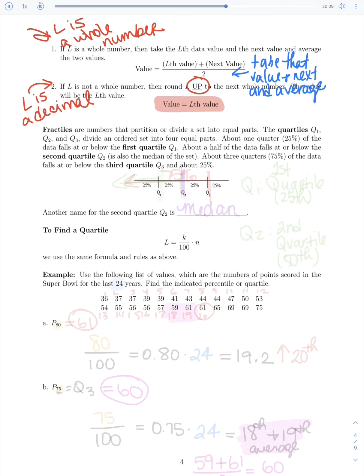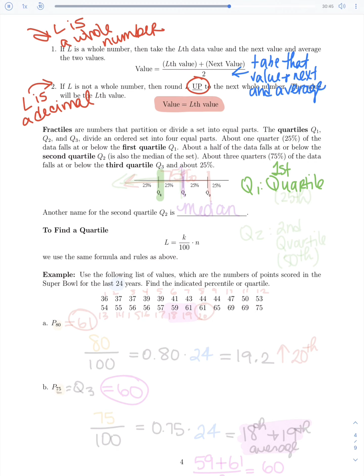Just in case you see this, sometimes instead of just percentiles, they'll talk about quartiles, which are specific percentiles. For example, Q1 is what's called our first quartile. When you think of one quarter, like money, it's 25 cents.